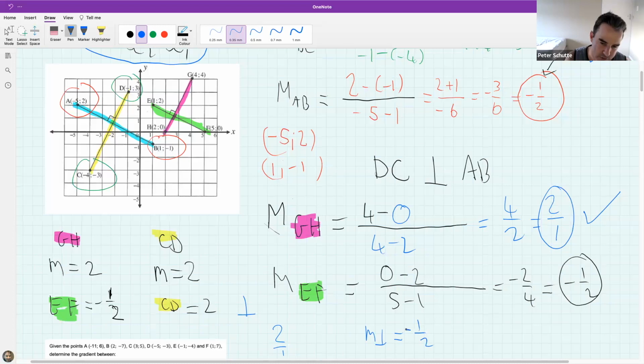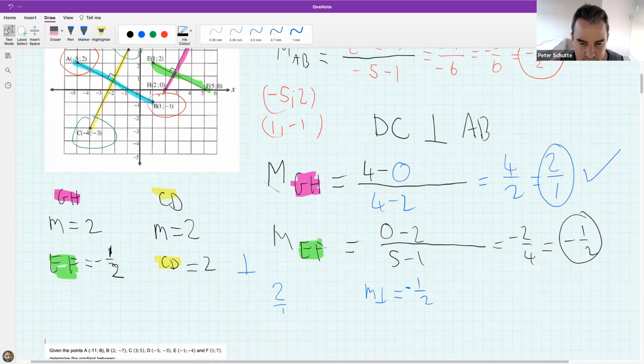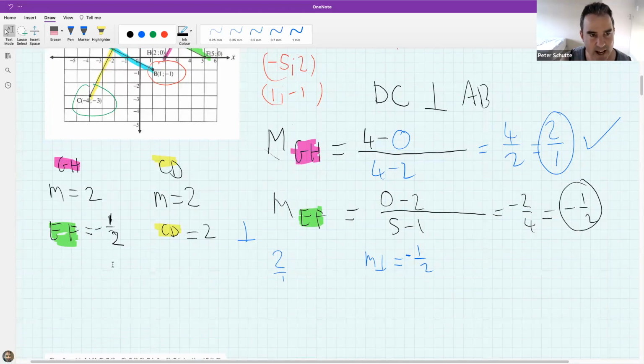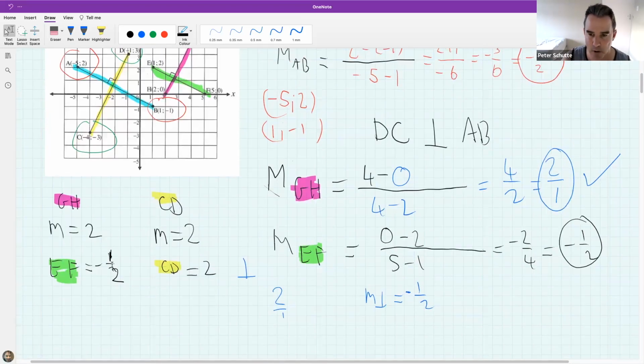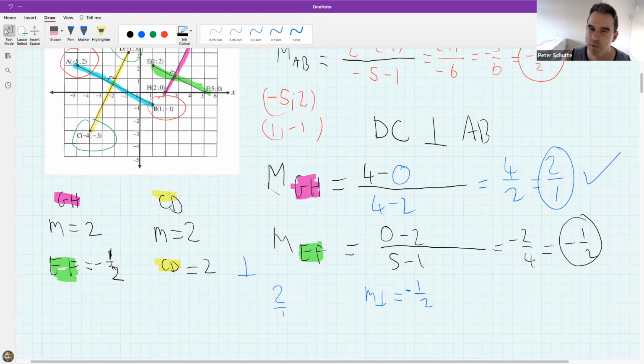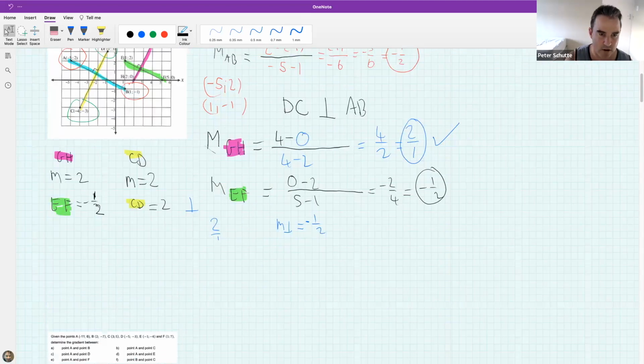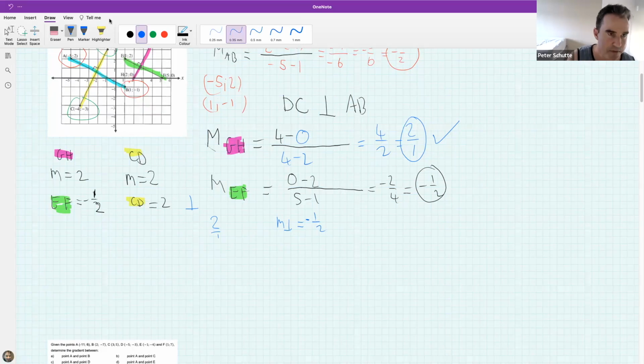If it was positive, it becomes negative. So what we have done so far is I have showed you visually and numerically how to identify parallel and perpendicular lines. But I think we need a bit more practice. So I'm going to make up some questions for you now. My made-up question number 1.